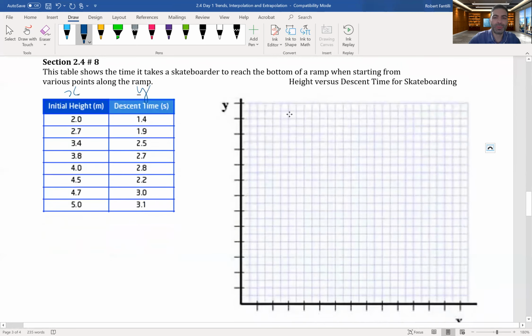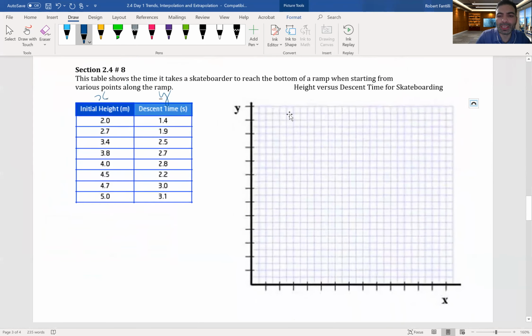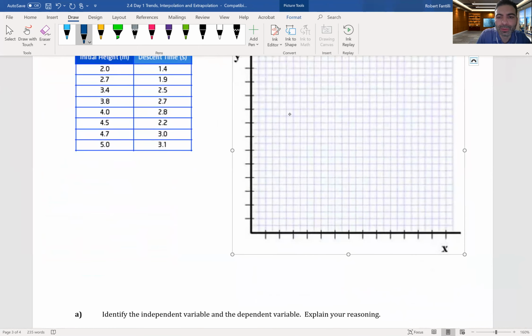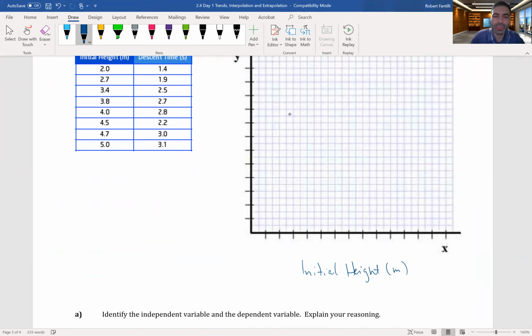Now the x-axis we said was initial height, so we're going to go ahead and label that. This is going to be a little bit glitchy possibly, but this is initial height in meters, and writing sideways is going to be interesting, and this is descent time in seconds.